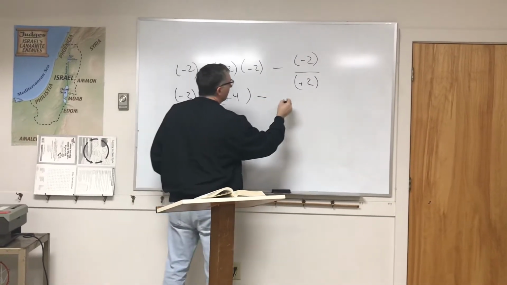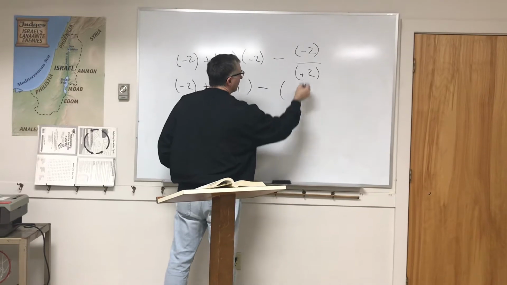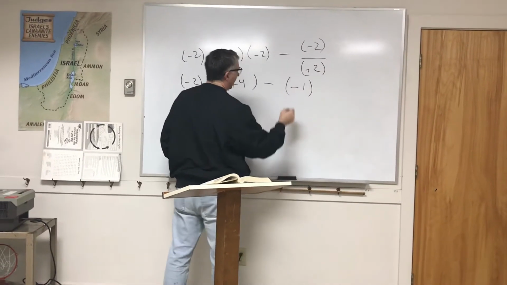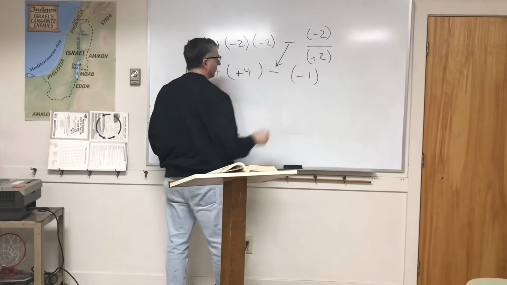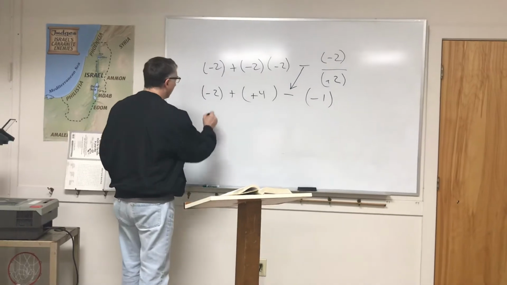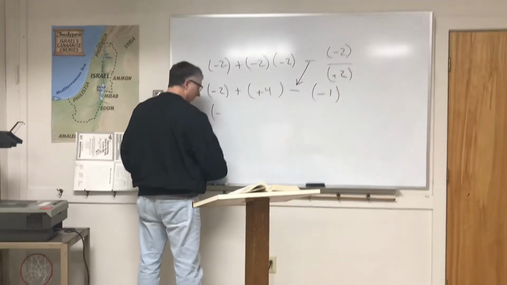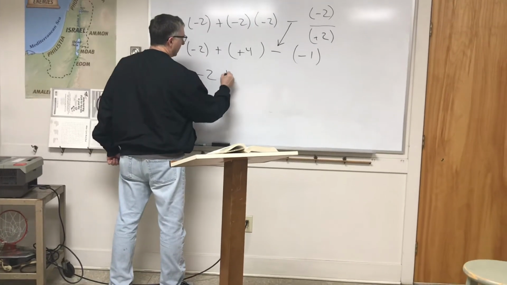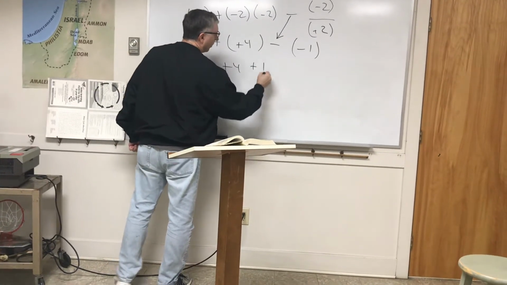Then this operation here, the -2 divided by a +2, would give us a -1, but don't forget to bring that negative sign down there. Okay, so I'm just going to drop the parentheses here, and so we have a -2 and a +4 and a +1.